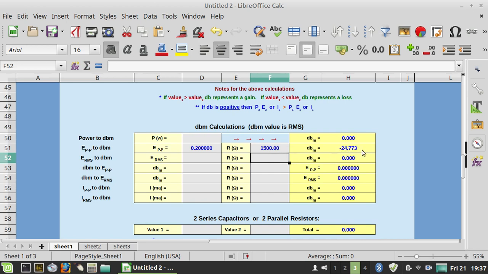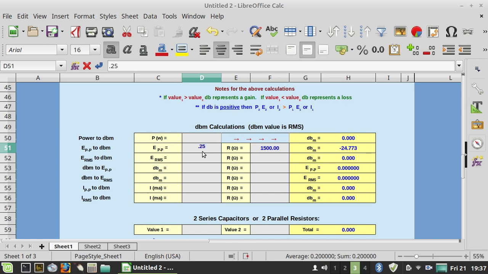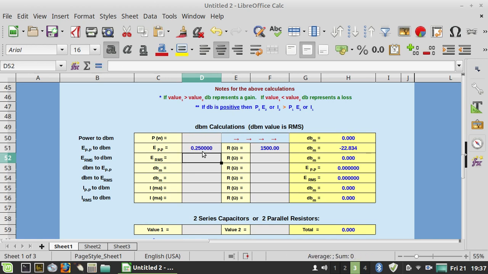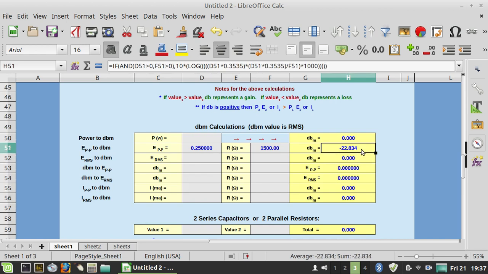Minus 24 dBm, that is just a tad bit above the minus 25 dBm ideal injection level. I went for 250 millivolts and injected minus 22.8 dBm. That's an example of where that can be useful.